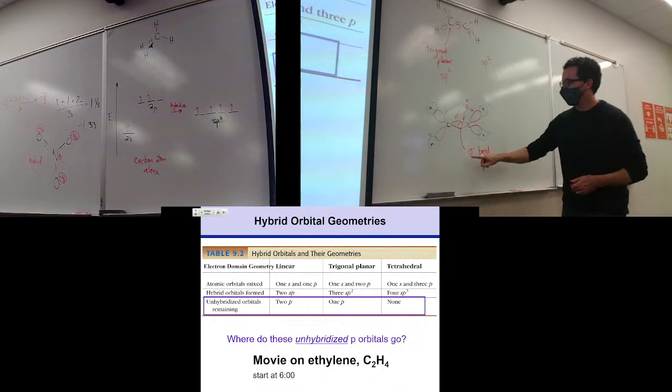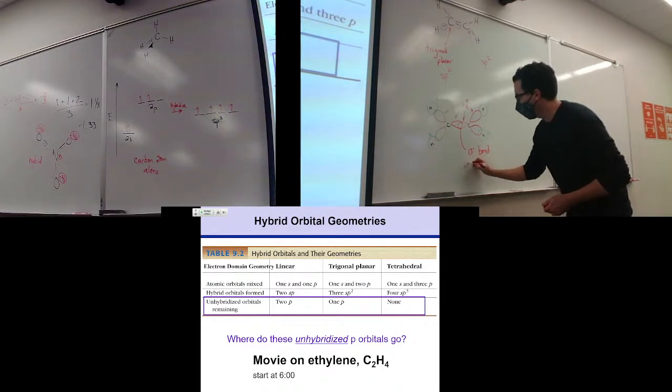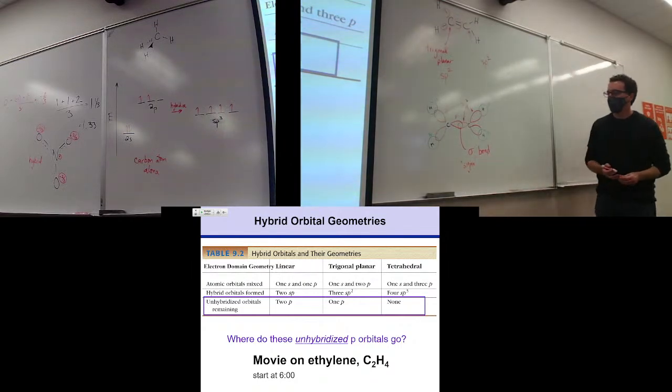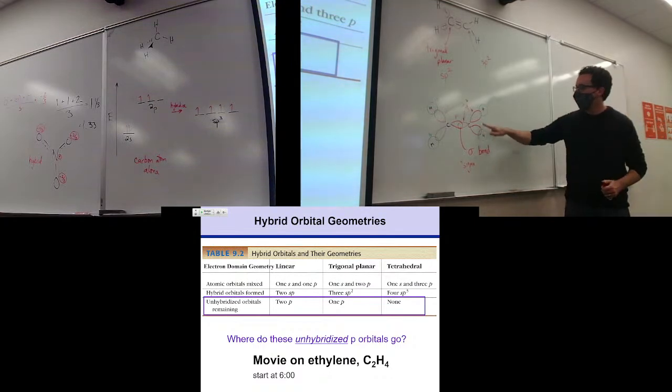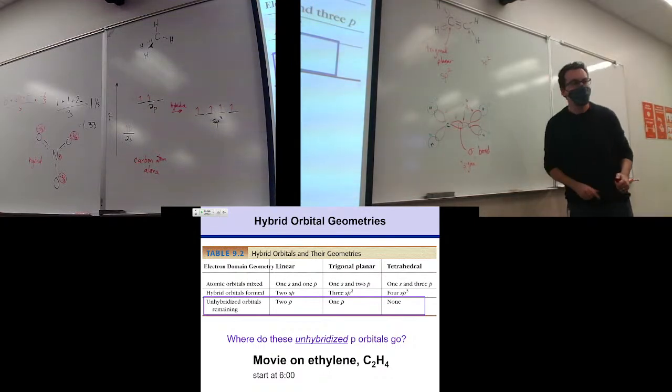So that's the Greek letter sigma. I write sigma, S-I-G-M-A. So that's a sigma bond. All of these are sigma bonds. Every single overlap that you see here is a sigma bond.